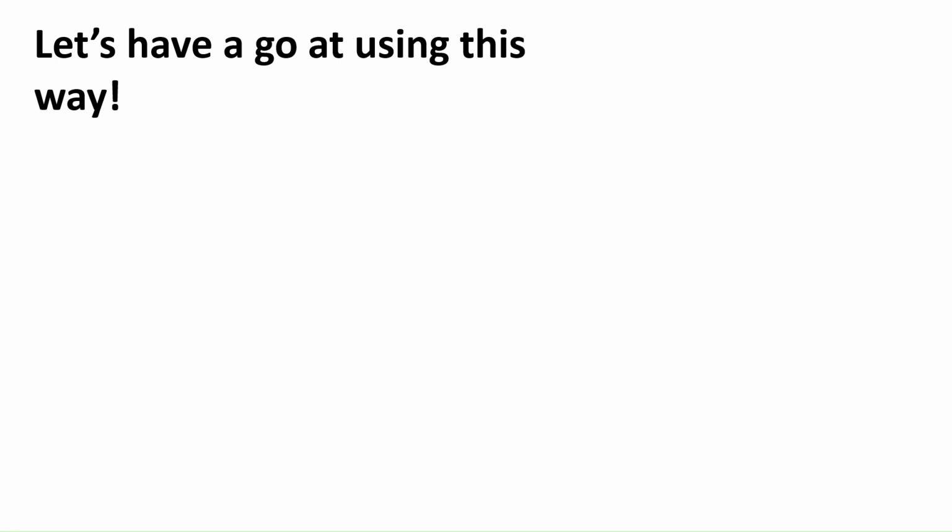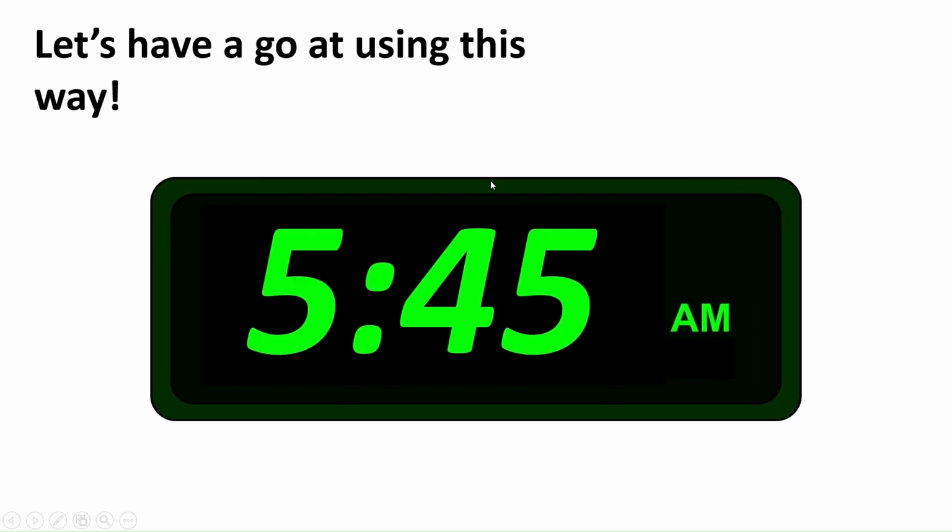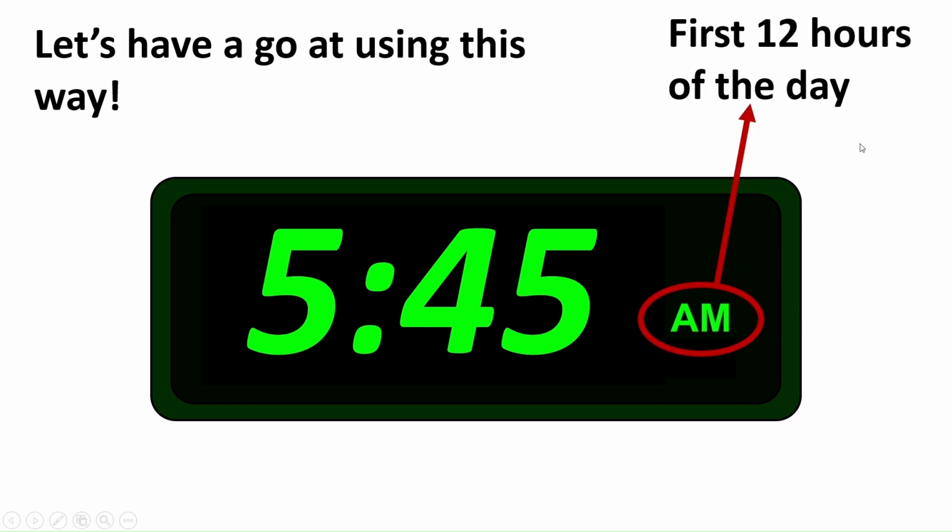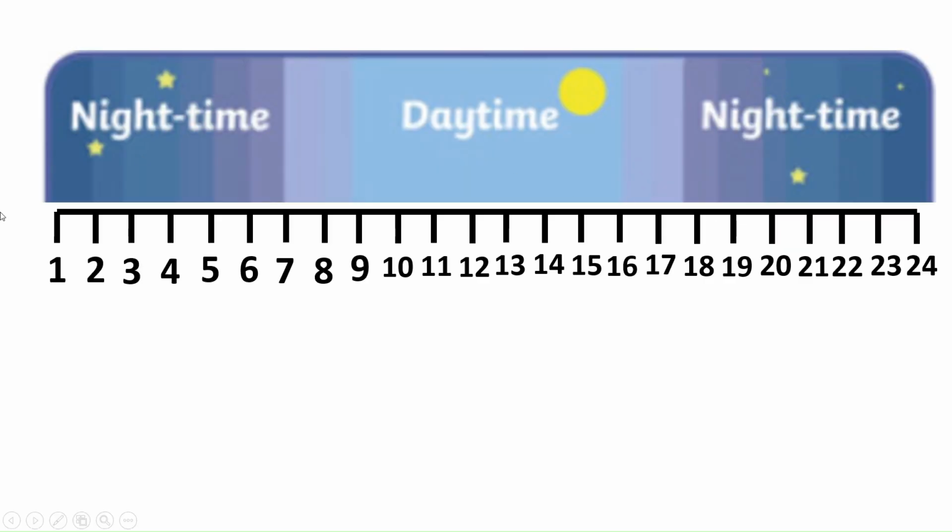So let's have a go at using this way. Let's say we have a digital clock and it says 5:45 a.m. What can we get from looking at this clock? Well, we can see that it has the ending AM. We know that this refers to the first 12 hours of the day. Let's go back to our timeline.